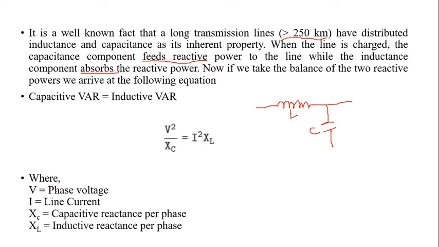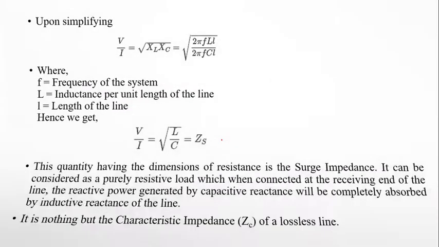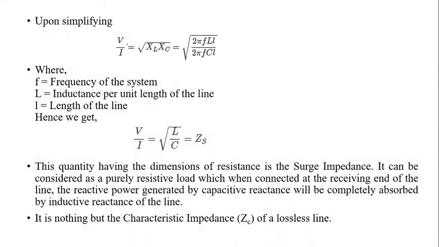Here V is the phase voltage, I is the line current, Xc is the capacitive reactance per phase, and Xl is the inductive reactance per phase. For the balance condition we write this equation and rearrange it: V square by I square is equal to Xl into Xc, so we need to take a square root.